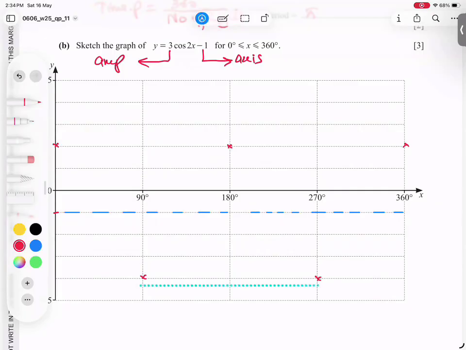So we are missing some values. For example, in the middle, 45, 45 into 2 is 90. Cos 90 is 0, and I get a -1. So it means here we got a -1. Similarly, this point in the midpoint everywhere. Here, here, and here. Now, students, I'm going to make it because cos with a positive amplitude is this. And the negative amplitude starts from the top.